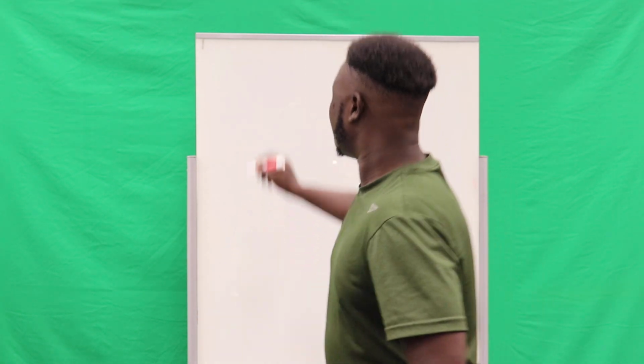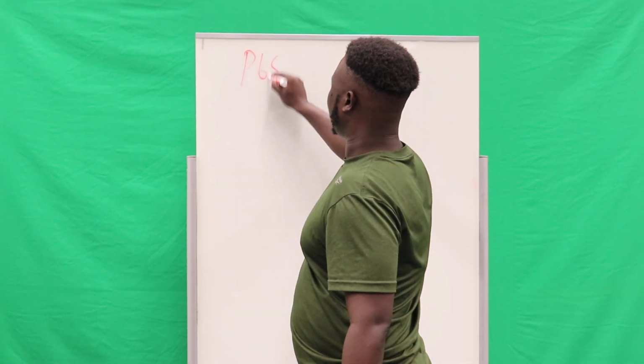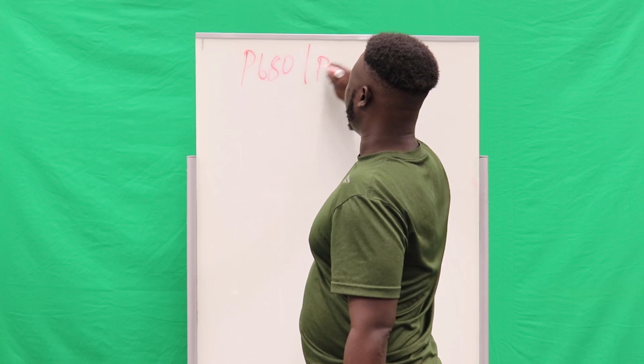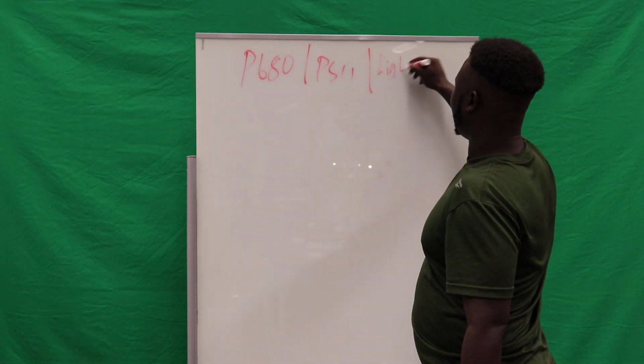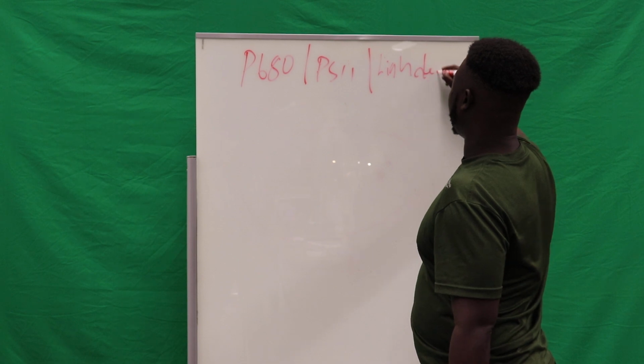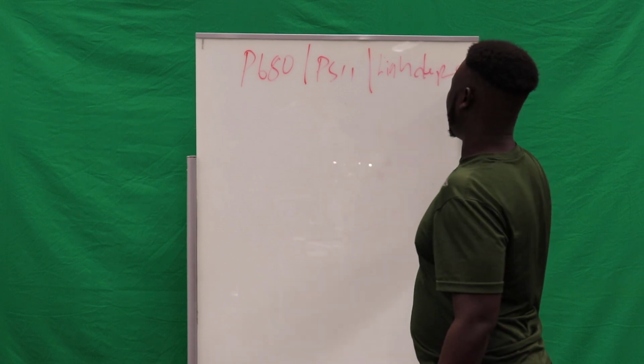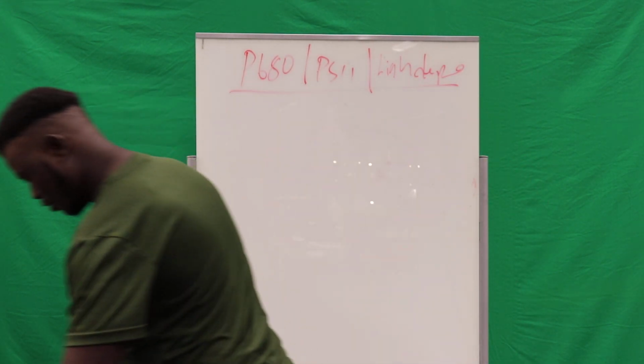Some people call it P680, which is the best wavelength of electromagnetic wave at which plants can absorb light. Another name for photosystem 2 is the light dependent stage, because it uses light.